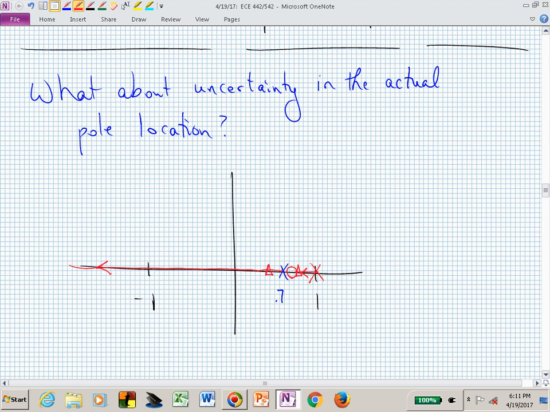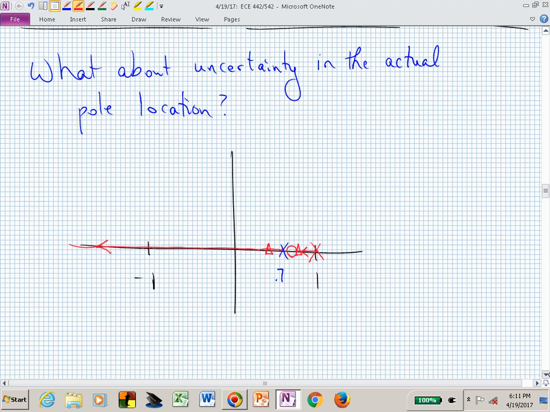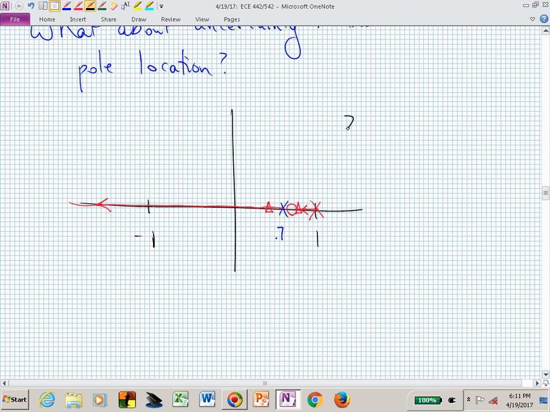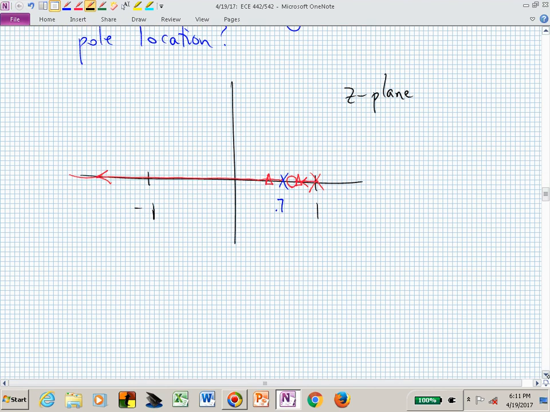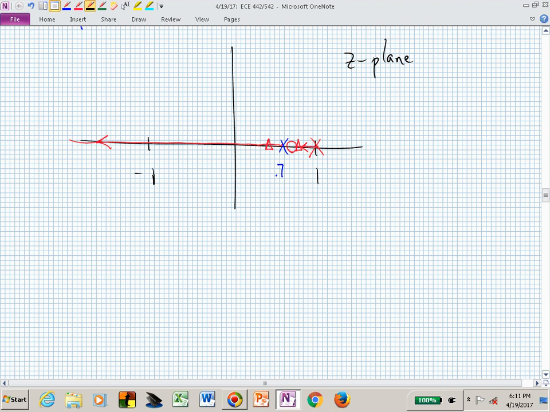What's the other possibility? So this is a z-plane possibility that you've shown to your boss. And then you say, well, it's just as likely, maybe, I modeled it as being at 0.75. Maybe it's not at 0.7. Maybe it's at 0.8, the true pole.